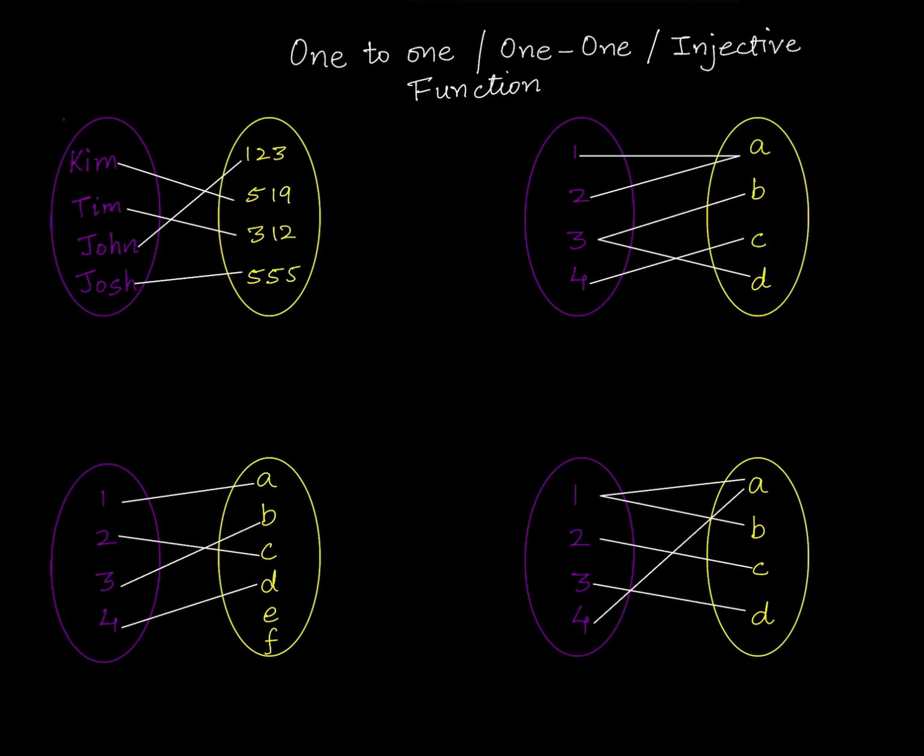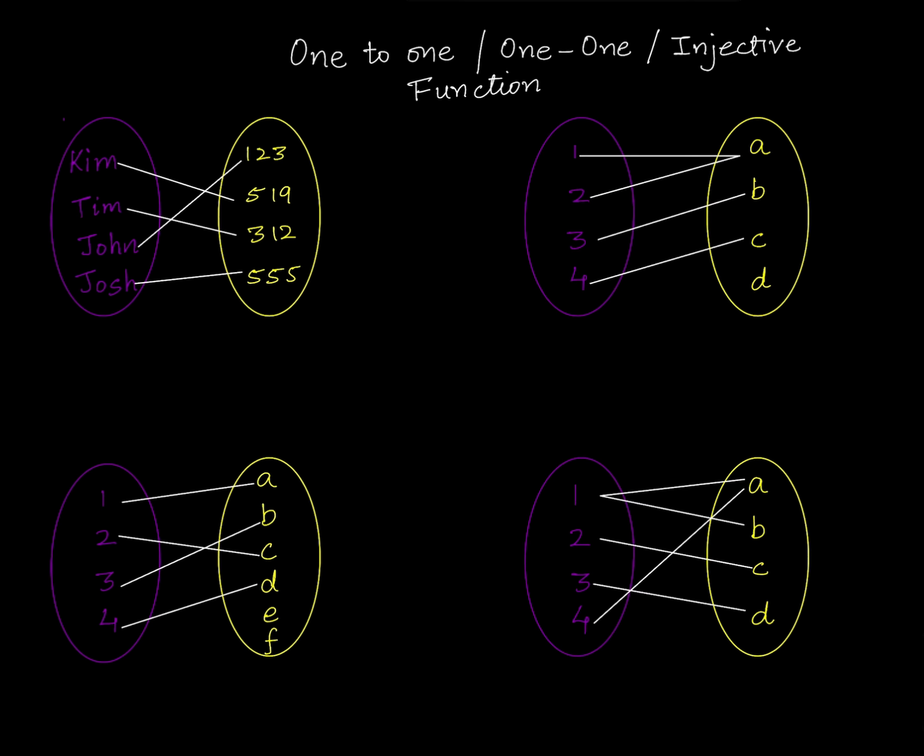Like 3 cannot have two outputs, then we cannot tell for sure which output we are talking about. So that's not a function. So each input is related to one output. That is a function.